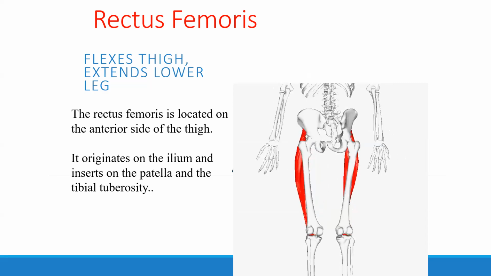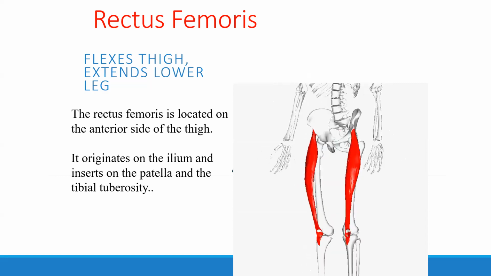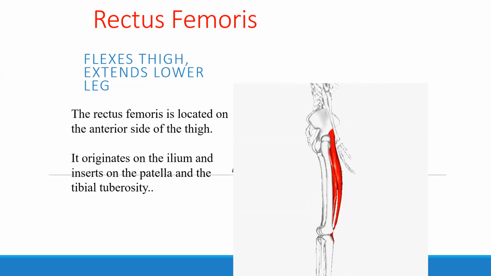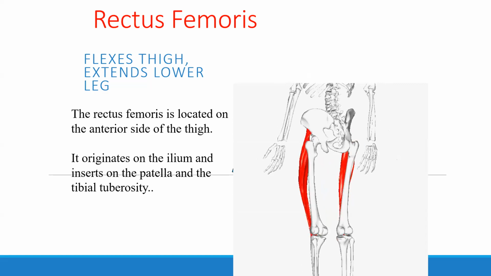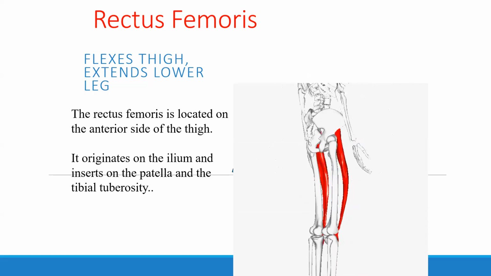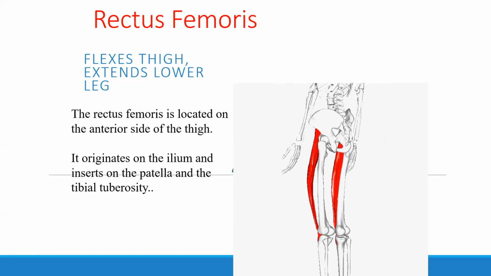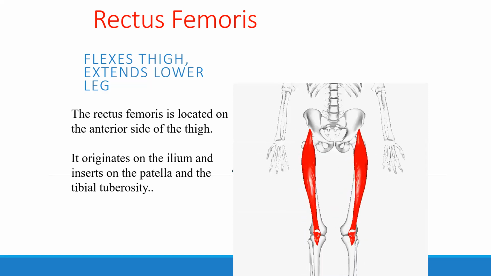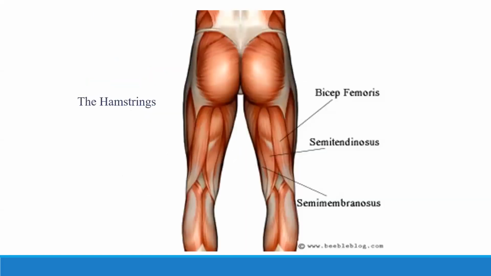So because the leg, when we extend the angle, the arm straightens out when we extend the arm at the elbow. The leg straightens out when we extend the leg at the knee. So we extend our lower leg using the quadricep muscles. The hamstrings are the three muscles on the posterior surface directly below the gluteus maximus.